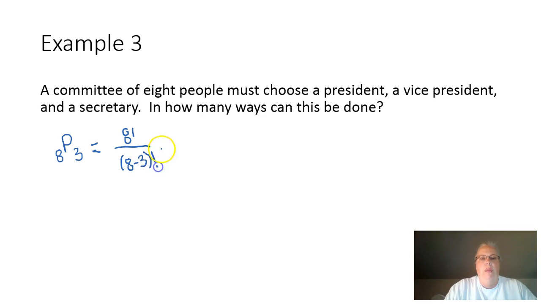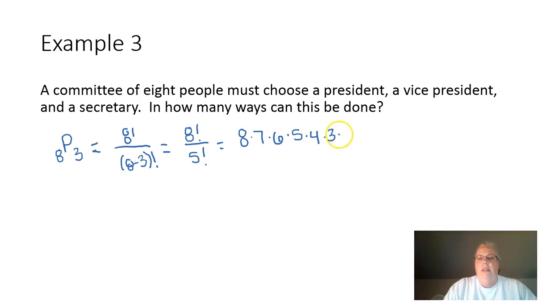factorial. Now remember, the exclamation point just means that you're multiplying that number times every other integer that is less than itself, all the way back to 1. So this is going to be 8 factorial divided by 5 factorial. And that means 8 factorial is actually 8 times 7 times 6 times 5 times 4 times 3 times 2 times 1.